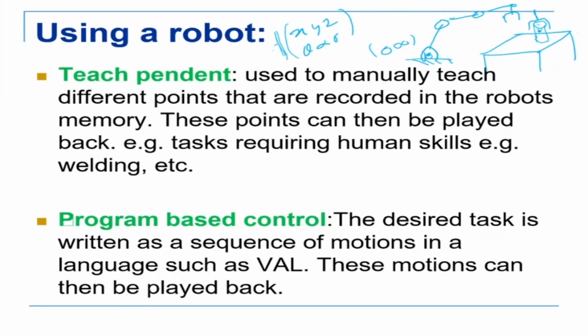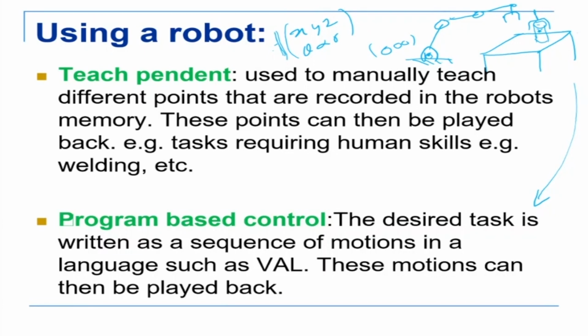And then after that, you note this part, you note any other required part, then you can write a program using VAL2 the way we have seen it in this class. So teach pendant is used for teaching and mainly for finding coordinates of points in space, because it is very difficult to find the 6 parameters of a point in space.